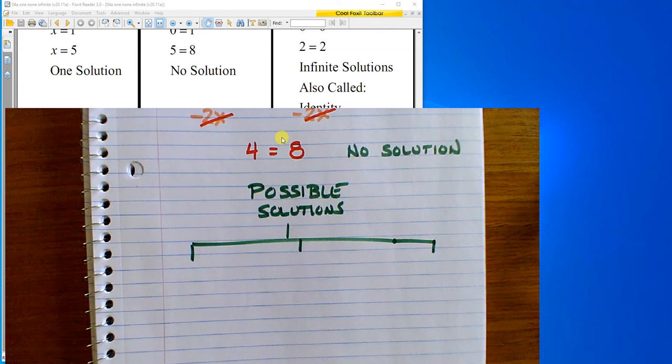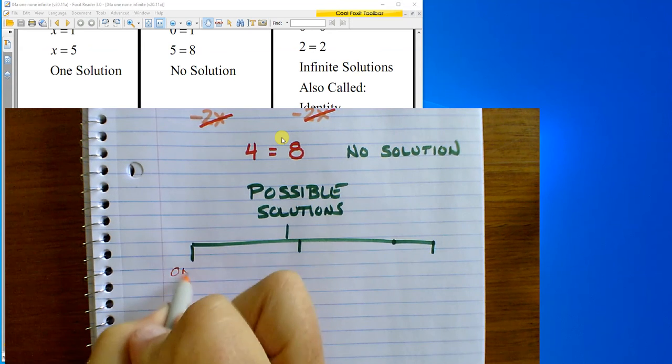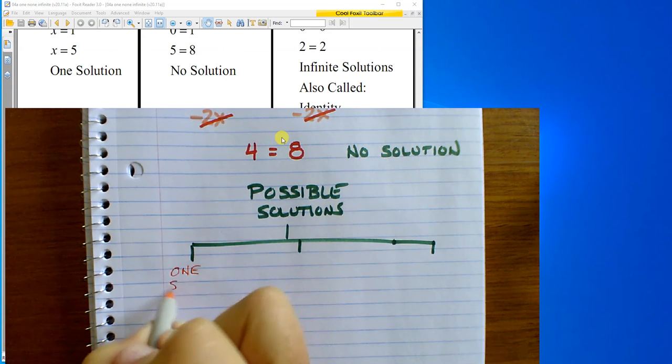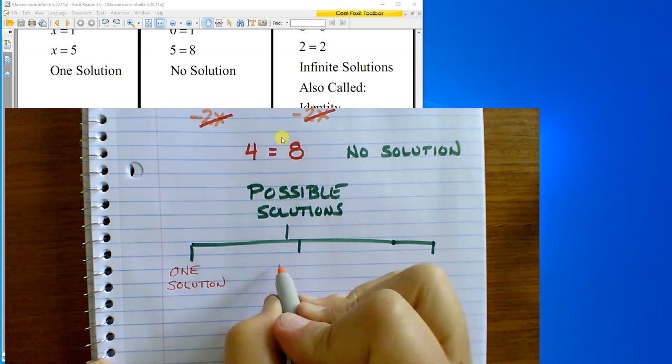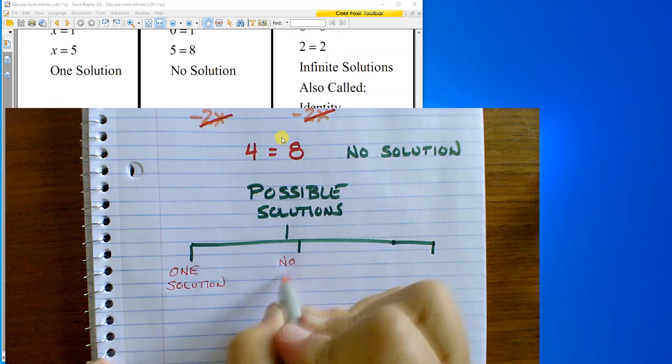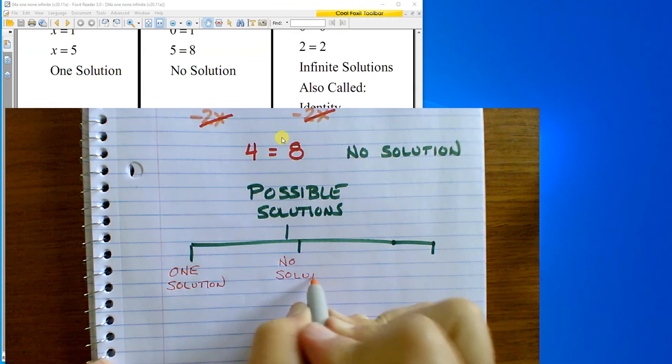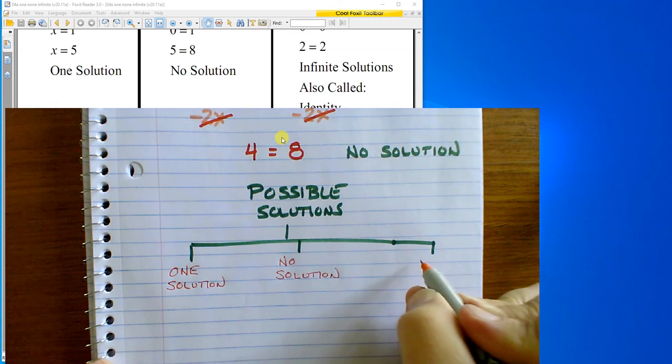We could have one solution, no solution, or infinite solutions.